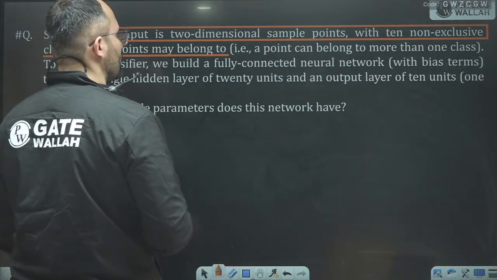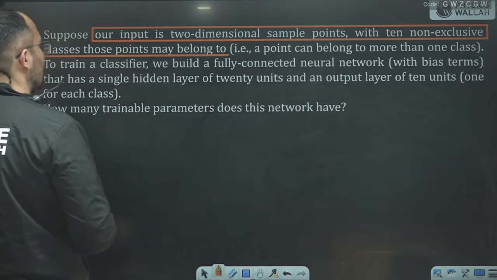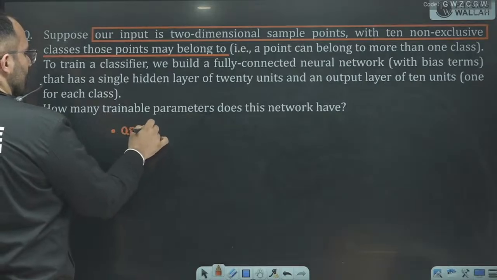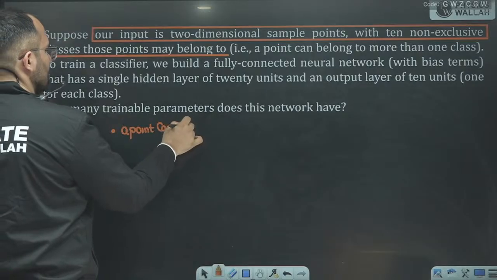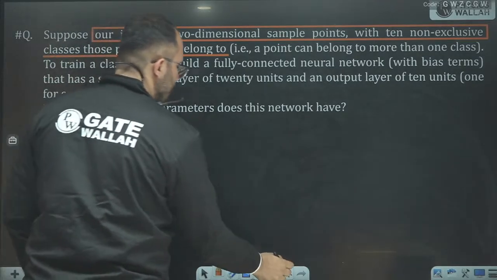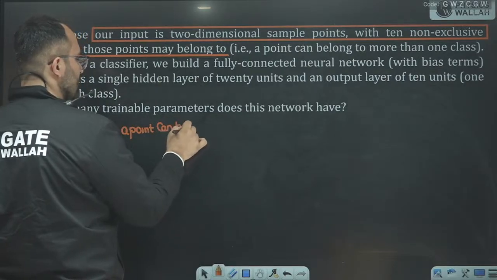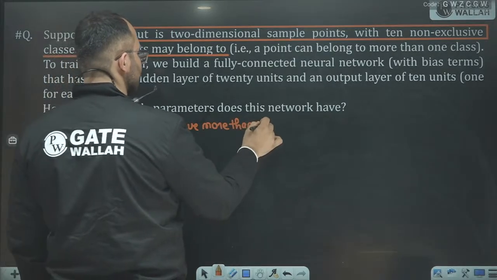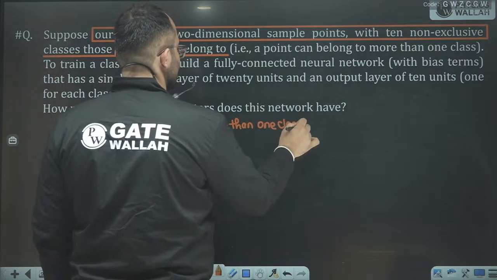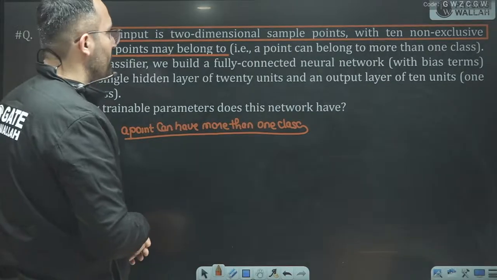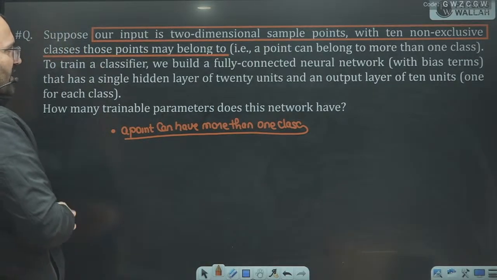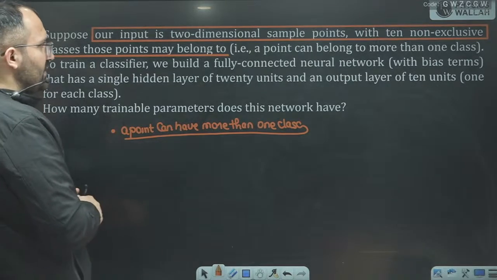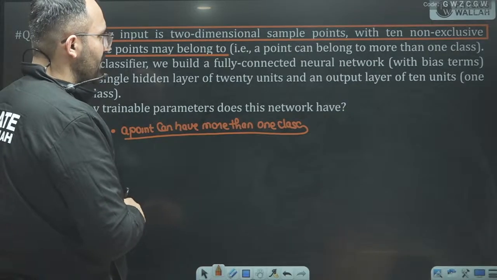Now, we train a classifier that will build a fully connected neural network with bias terms that has a single hidden layer of 20 units and an output layer of 10 units.